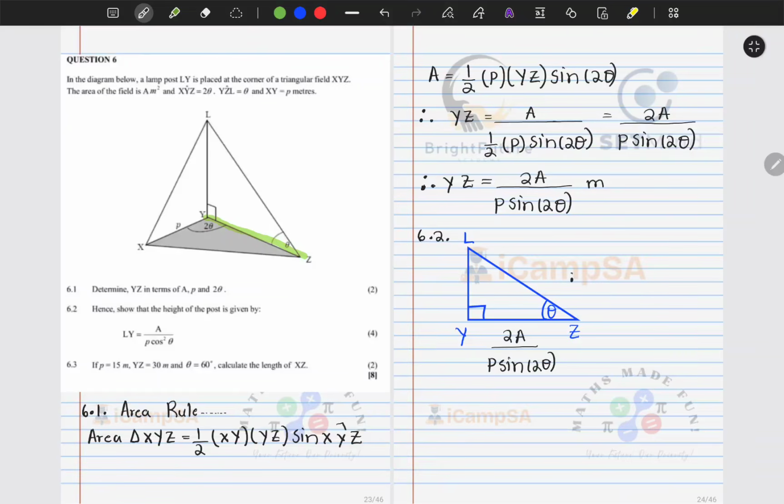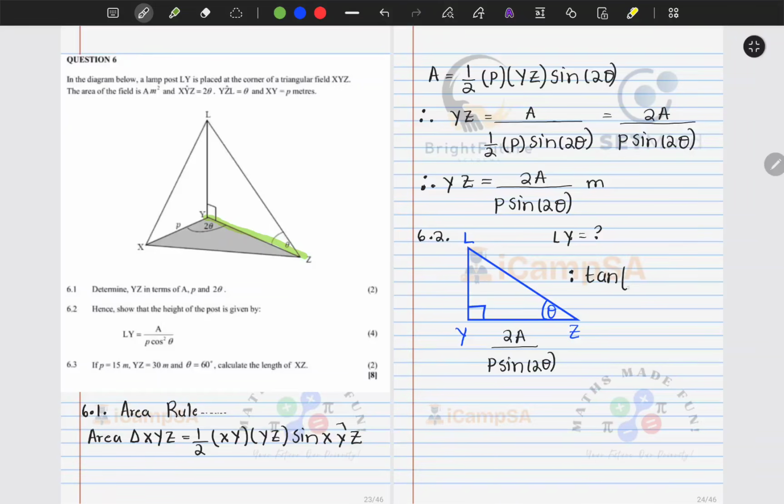So what you should be able to see, since we're looking for Ly, is that if you look at sine, not sine, but tan, my apologies.